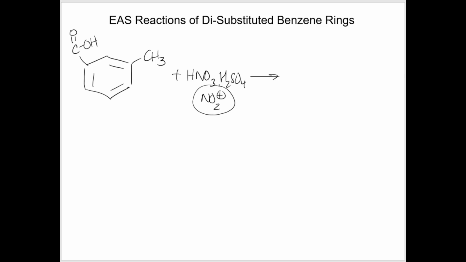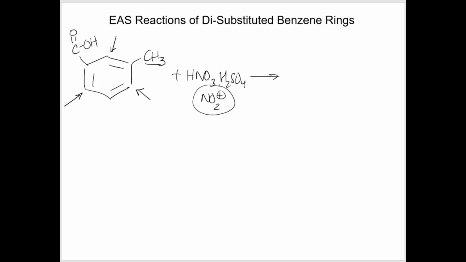And so the book uses a method that I used to teach until a student pointed out the fact that it was unnecessary. So here's what the book says. The book says that basically what you would want to do is to look at each group and figure out where they're directing to. So for instance, this methyl group is an ortho-para director, so it's going to direct ortho to itself, and it's also going to direct para to itself.